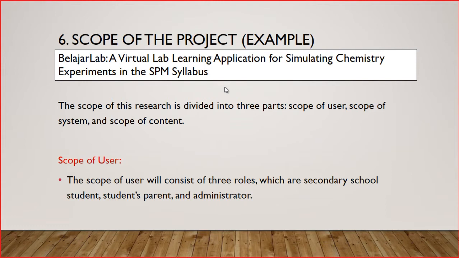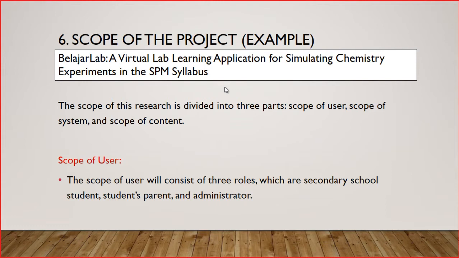What is the content that you want to cover? But if your project is not related to a learning application, meaning there is no learning Jawi, English, or math, there's no scope of content. Just scope of user and scope of system.